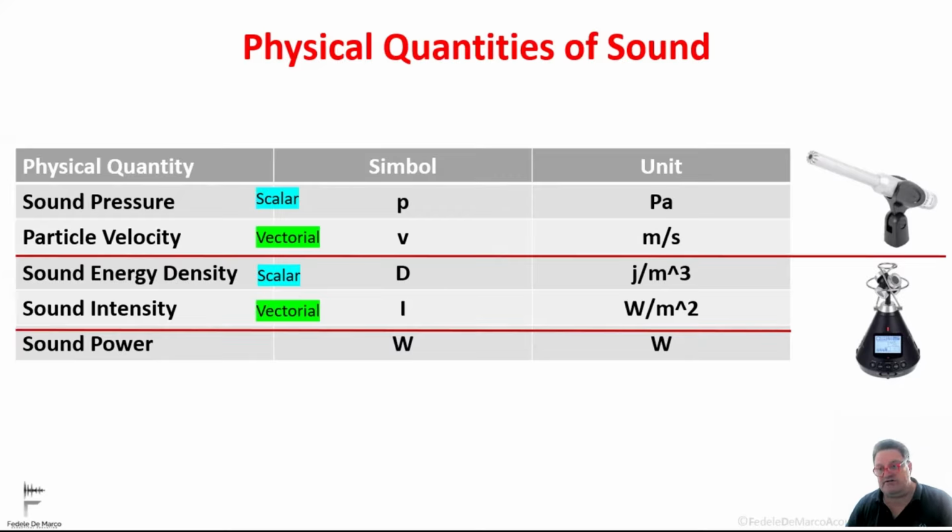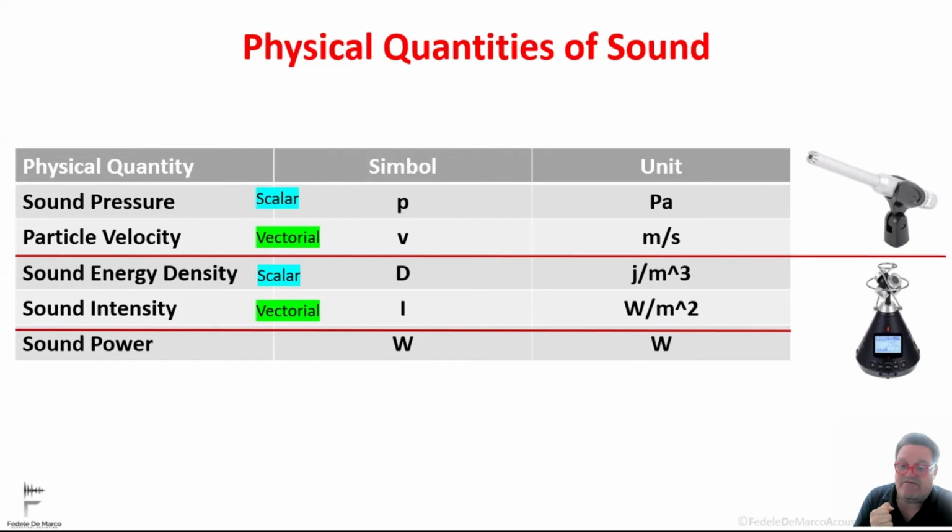Velocity is important for human perception in terms of spatial information like stereo image, localization, stereo separation, source width. Pressure is a scalar quantity and velocity is a vector. Being a vector, it has three Cartesian components, so actually there are three velocities, not one: Vx, Vy, Vz.